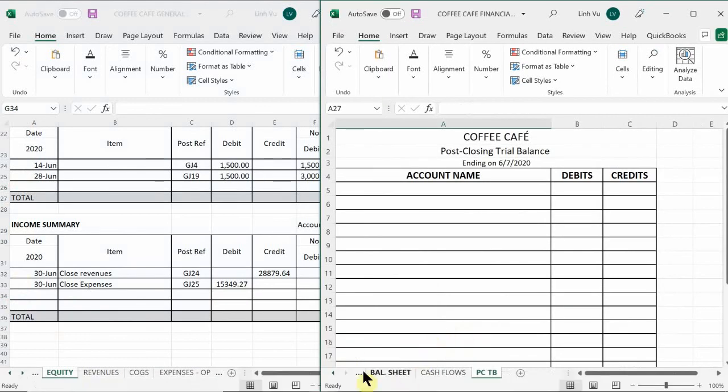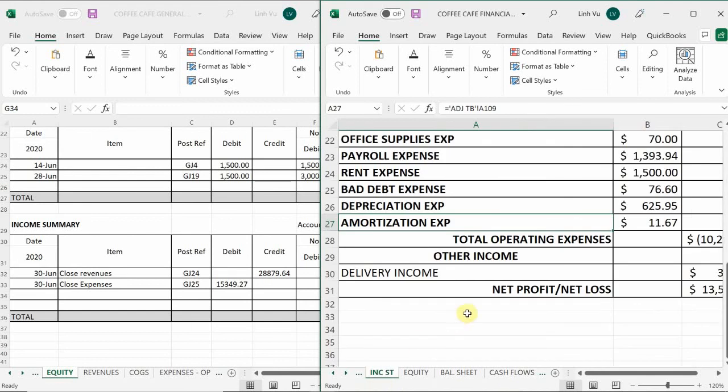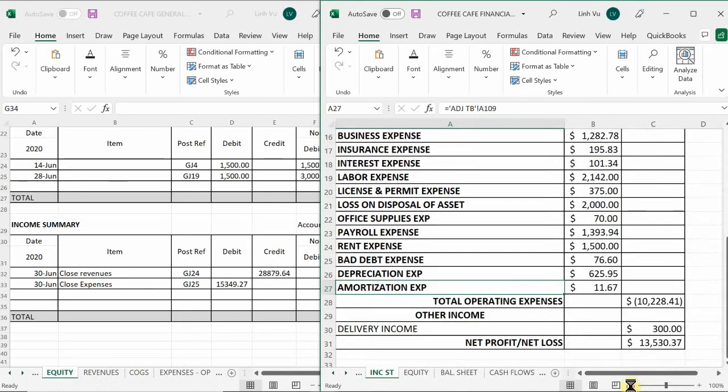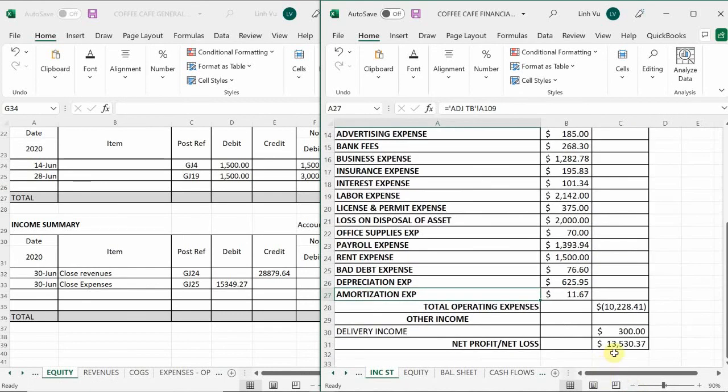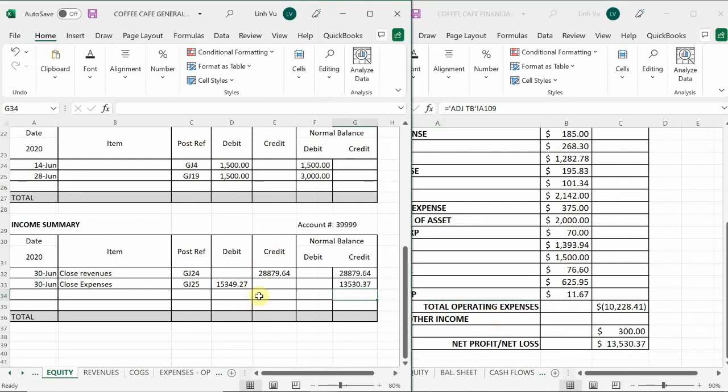This number should come from your income statement. Let's see, is it 13,530.37?